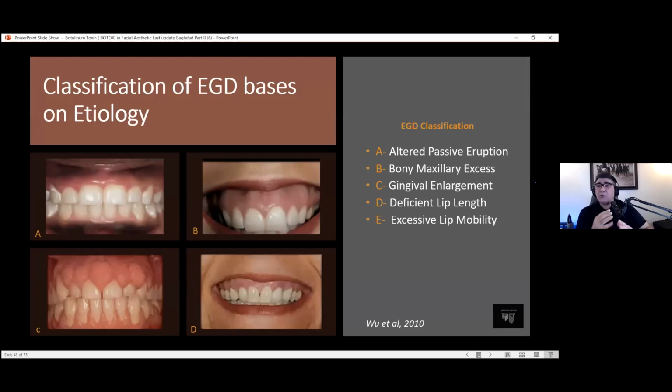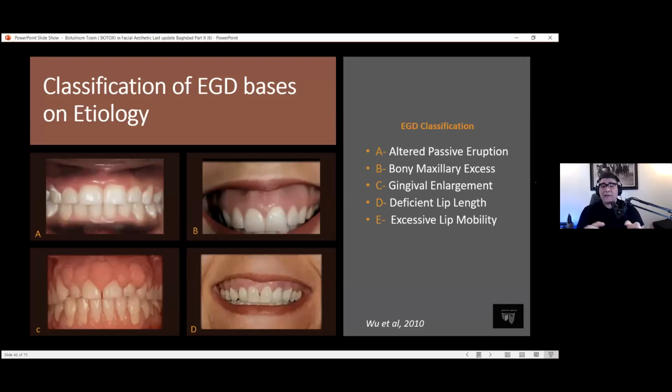And then I will show you when to put the injection of botulinum toxin after gingivectomy. Don't start with botulinum toxin and then go to the gingivectomy, please. Usually the treatment with botulinum toxin is temporary, so you have to combine other permanent treatment of gummy smile before I start my repeated botulinum toxin injection.